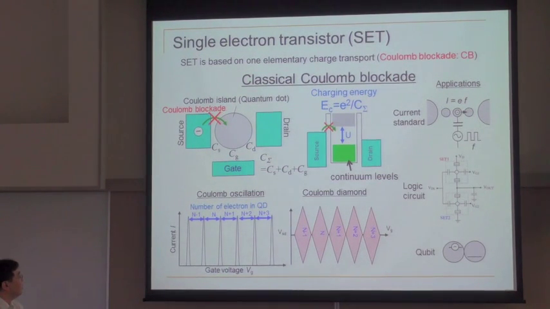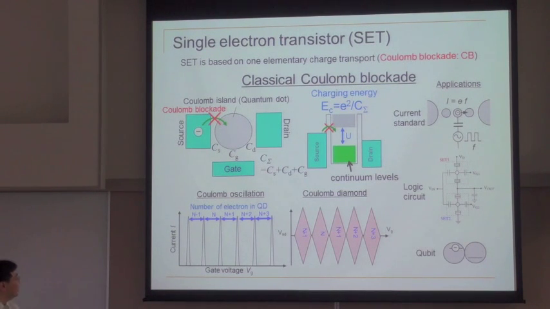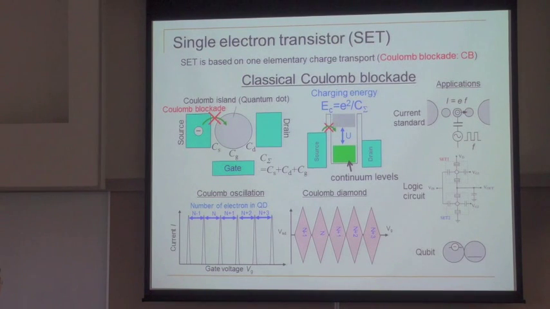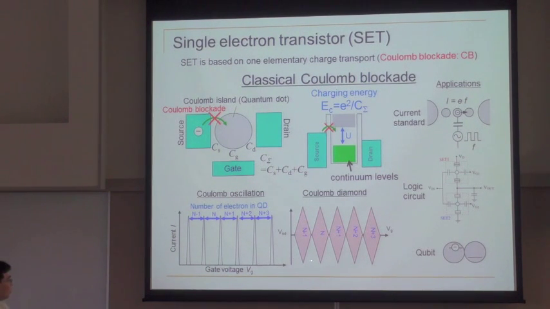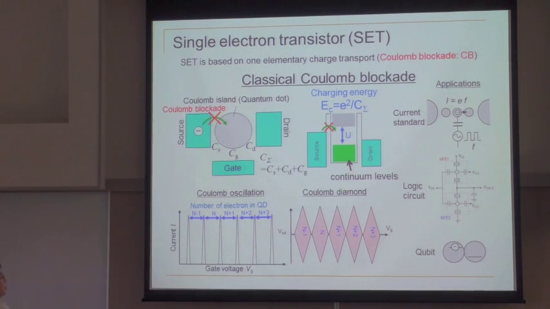So in this device, the Coulomb oscillation, which shows very sharp periodical peaks as a function of gate voltage, and the Coulomb diamond, in which the current is suppressed and the number of electrons is fixed, are observed.